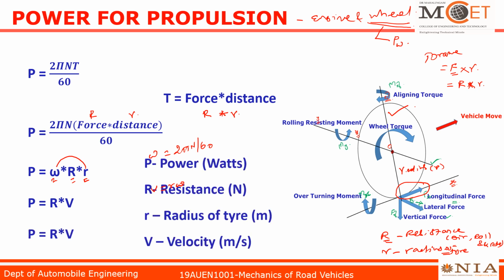P is power in watts, R is resistance in Newton, small r is radius of tire in meter, V is velocity in meter per second.